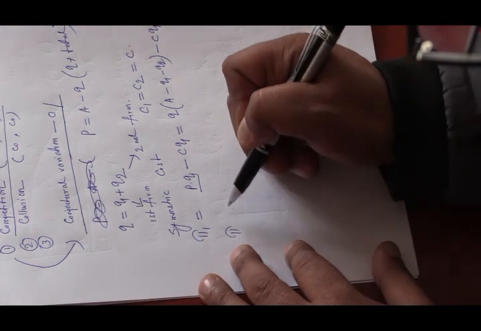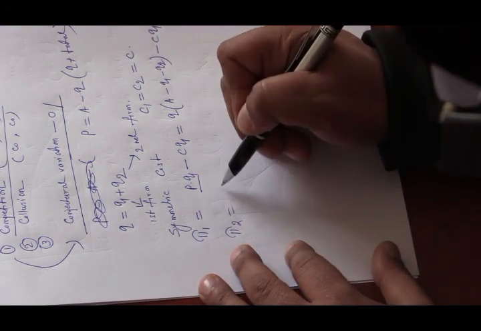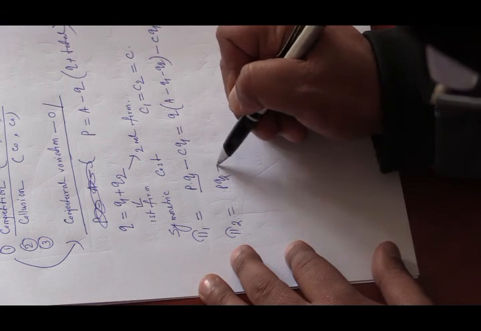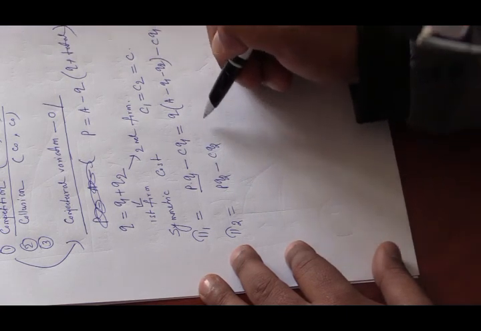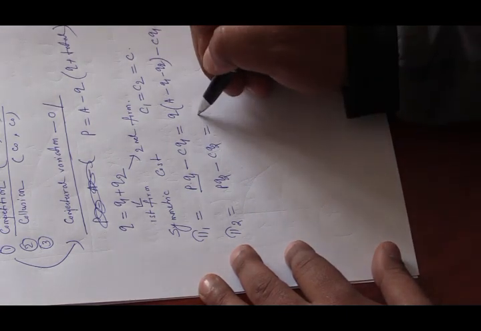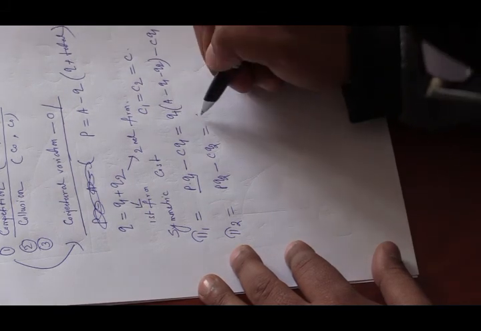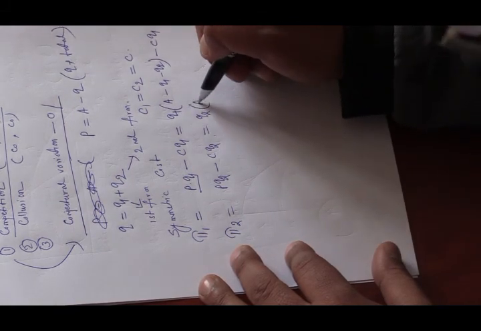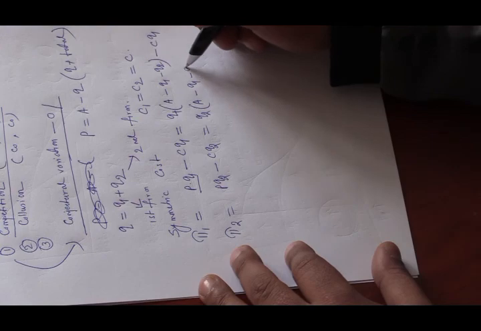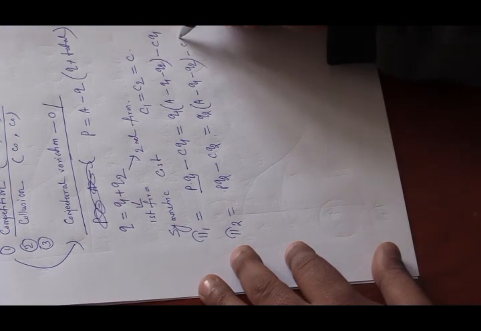And similarly, pi 2 equals P into Q2 minus CQ2. It will be Q2 into A minus Q1 minus Q2, minus CQ2.